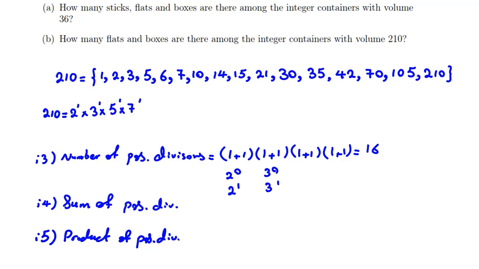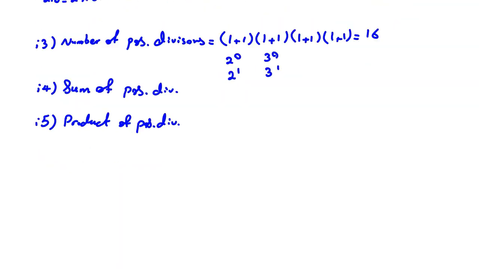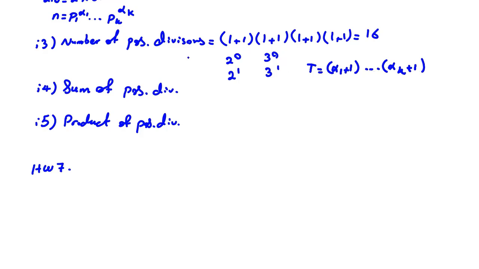Positive divisors. Okay, and let me tell you homework 6, homework 7. Sum of positive divisors: if n, for example, is p1^alpha1 to pk^alphak, the number of positive divisors is (alpha1 + 1) to (alphak + 1), exactly by the same proof.